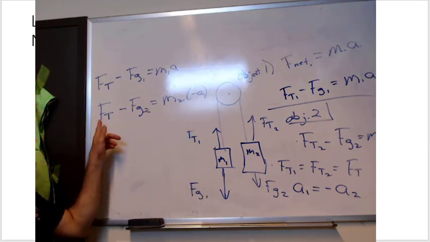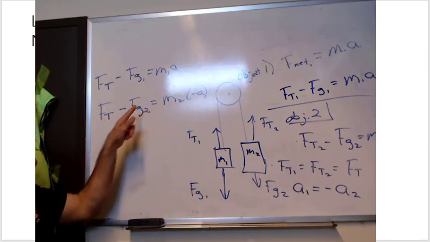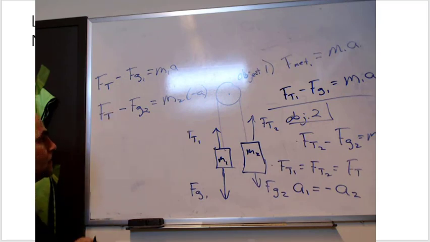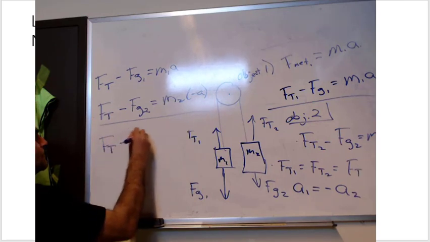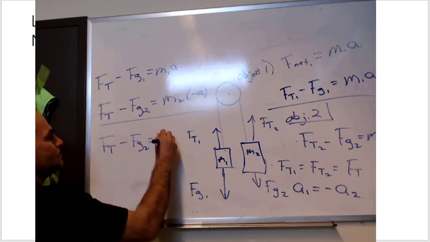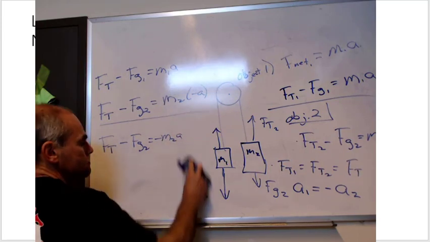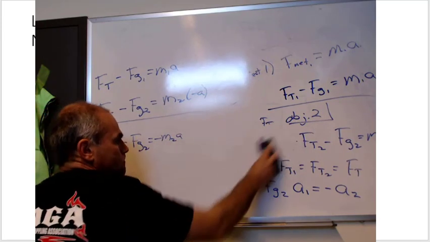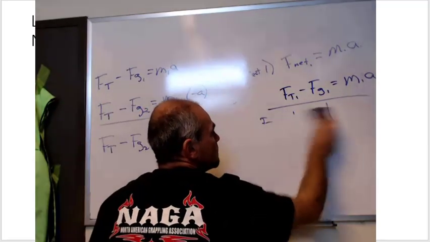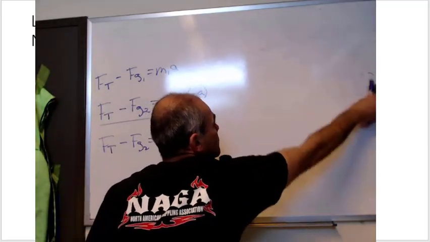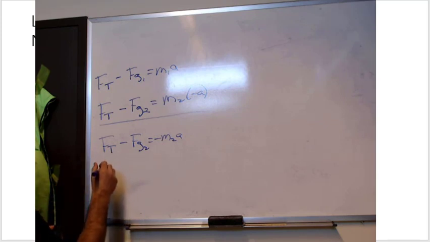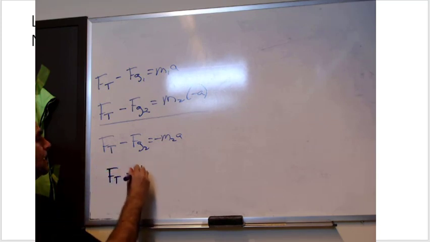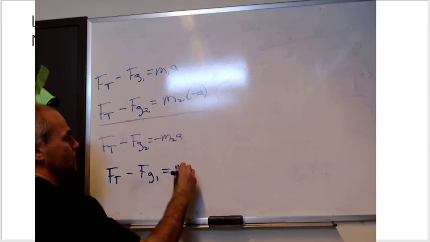So I'm going to simplify. I'll put this minus sign in front, and then I'm going to have to do a substitution. I'll start by simplifying this one: Ft minus Fg2 equals minus M2 times A. And then I'll write this one over here: Ft minus Fg1 equals M1A.